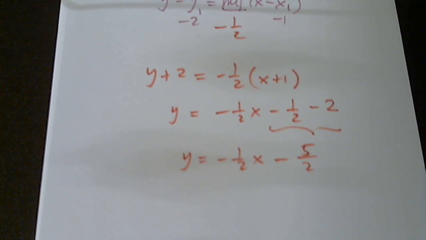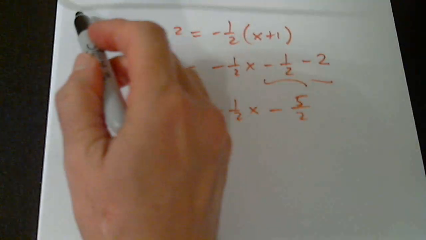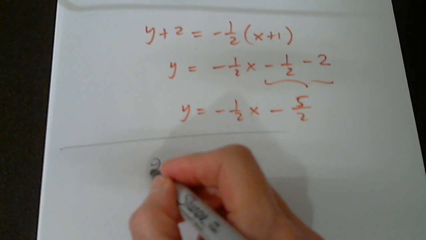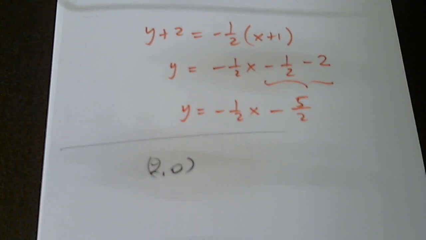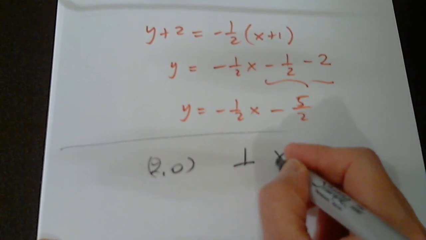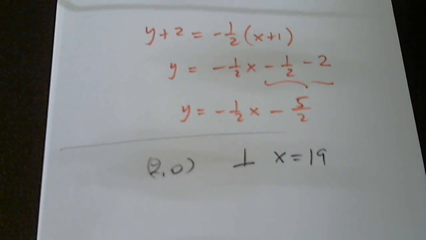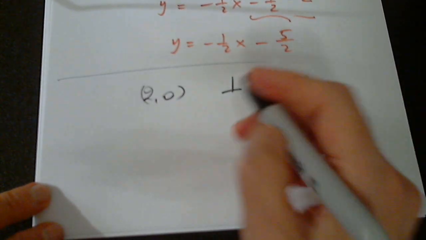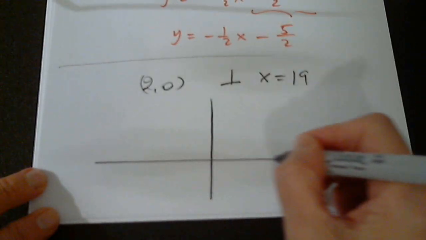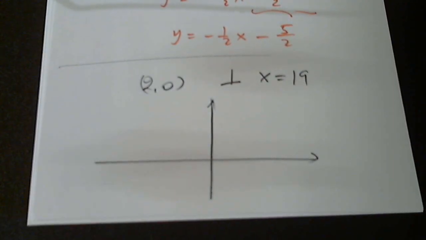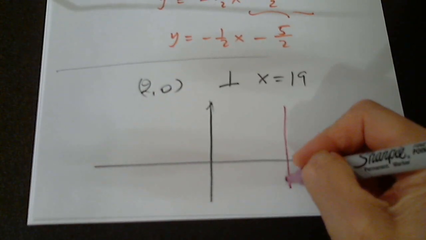The graph of f passes through the point (2, 0) and is perpendicular to the line whose equation is x equals 19. I want to do this one, and then I'll stop. So the line x equals 19 is a vertical line, somewhere here.